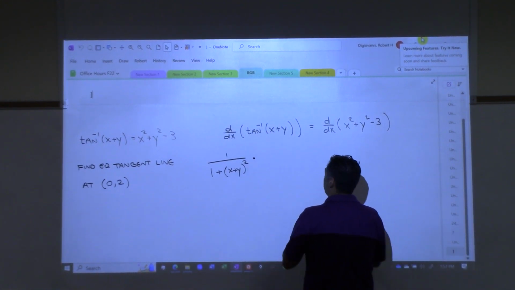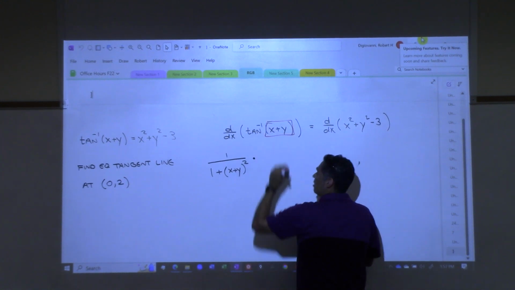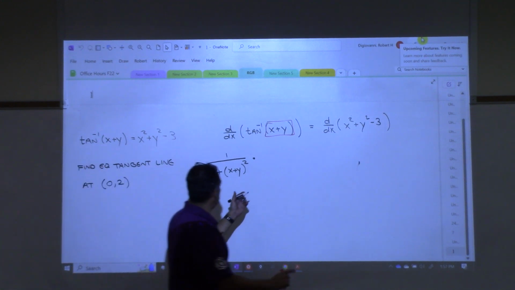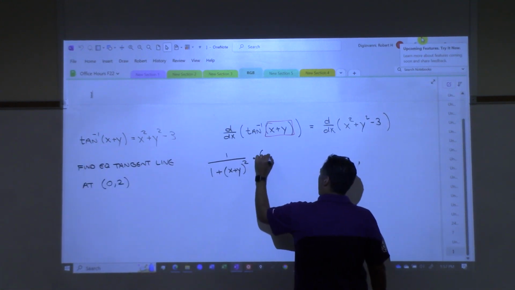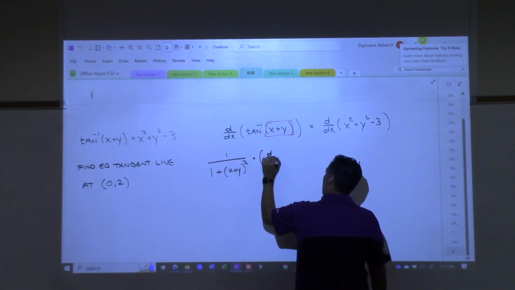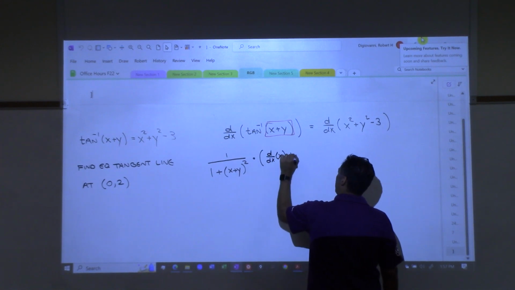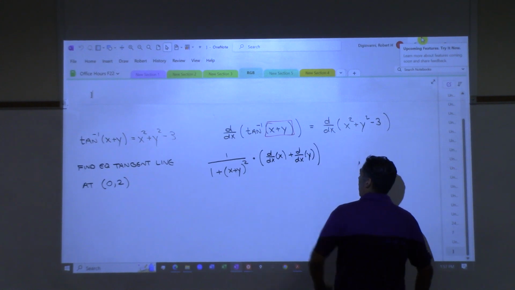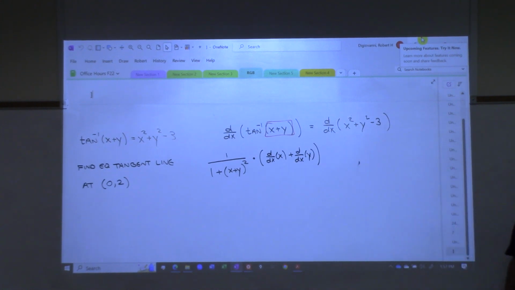The derivative of x plus y, which I can do separately because there's addition. So in parentheses, because it's two terms, I have the derivative with respect to x of x, which will turn into a 1, and then the derivative with respect to x of y, which will be dy dx, which is what I'm actually solving for.